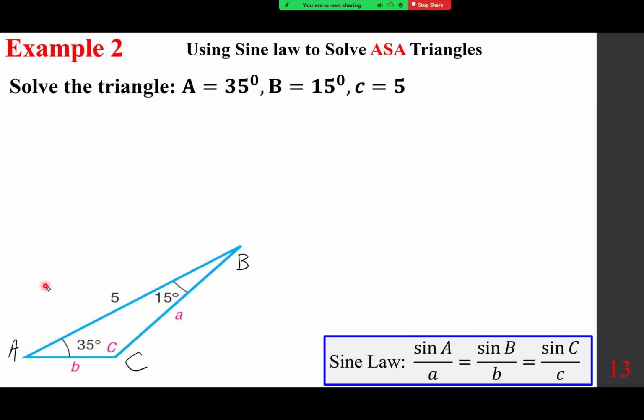And so obviously the very first thing we're going to look at is the angles. They add up to 50, subtracted from 180. So C is 130. So we have all the angles.